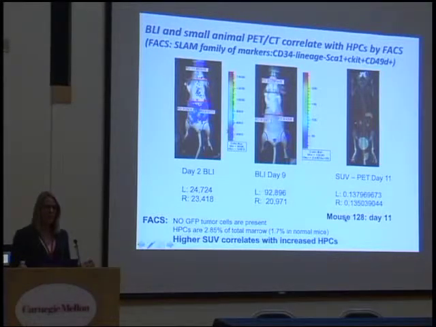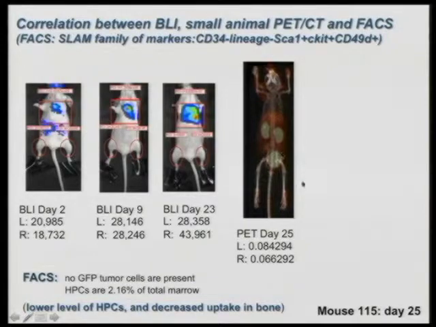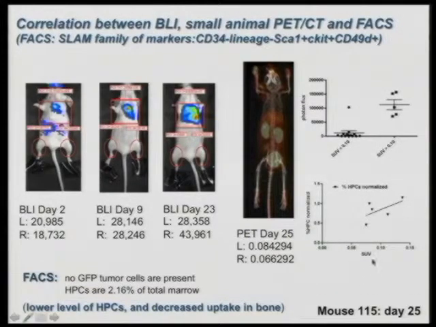Here's an animal that has a higher SUV, and we get a significant increase in the HPCs. Here's one where we don't see any bone mets, and we see a lower level of the HPCs that's closer to the background levels. It's not a great correlation, but we're definitely seeing a correlation with standard uptake value, which is from the PET scan.